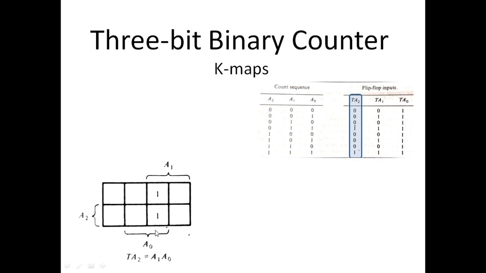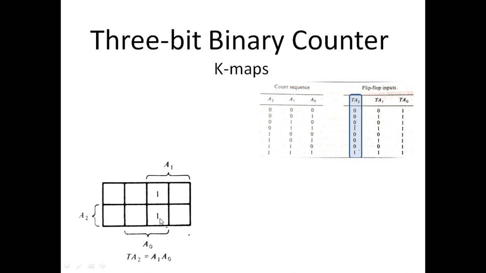So this is the 3-variable K-map for TA2, and there are only 2 ones. When we put them on the K-map, minterm 0 is 0, minterm 1 is 0, minterm 2 is 0, and minterm 3 is 1. And similarly for 4, 5, 6, and 7.